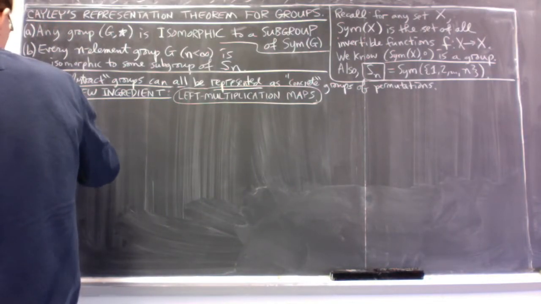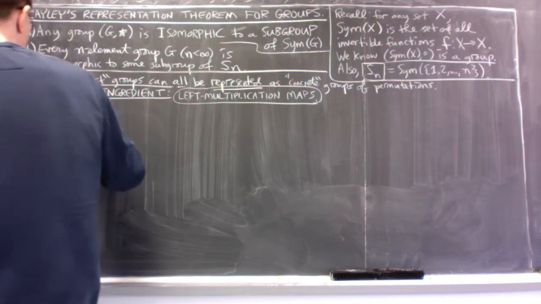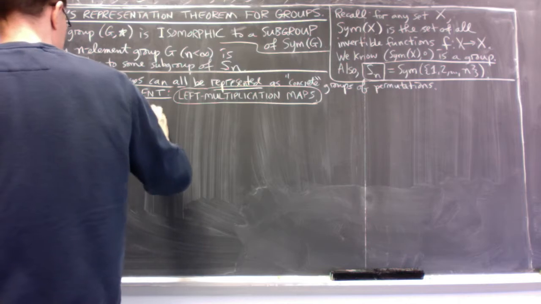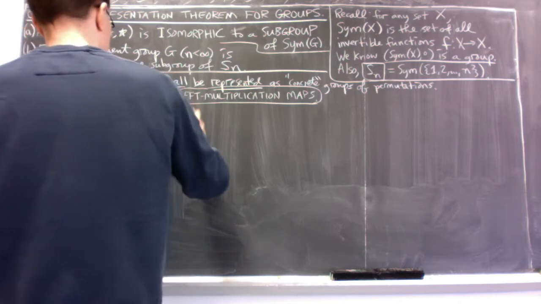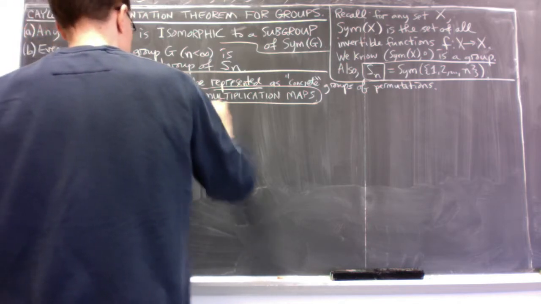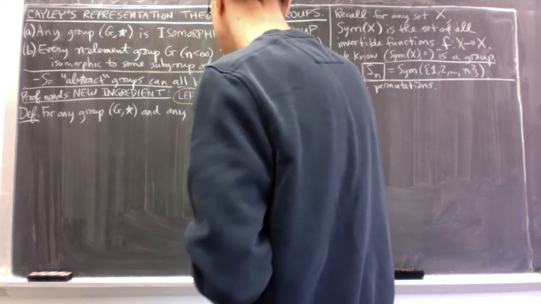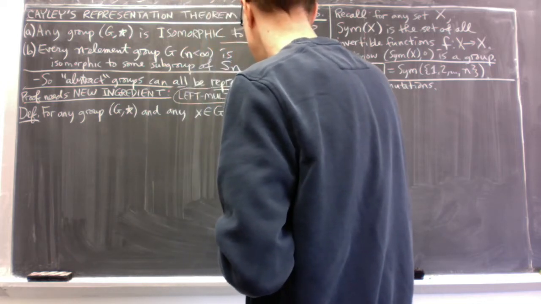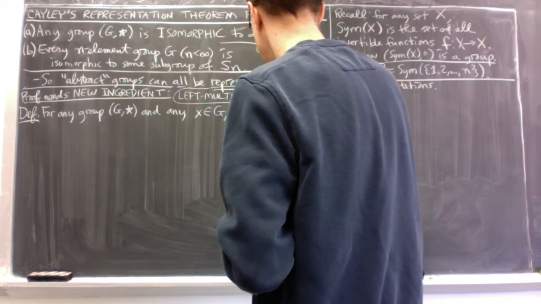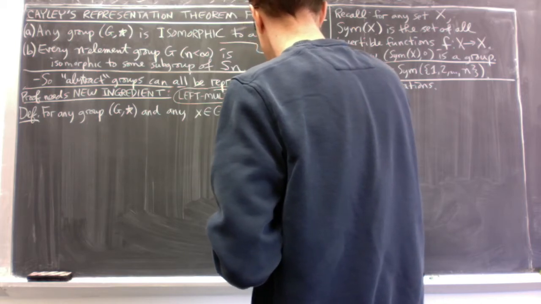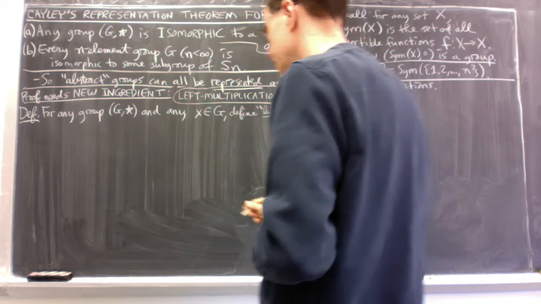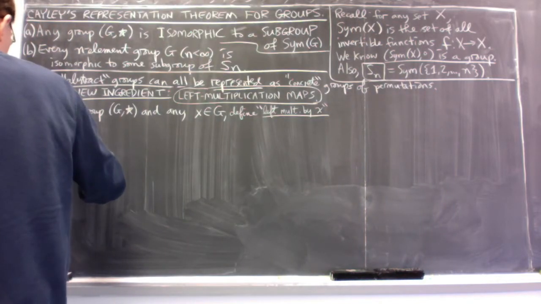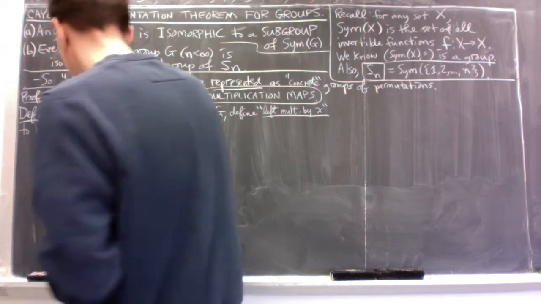So for any group G star in multiplicative notation, and any x, little x, in G, I will define left multiplication by x. That's going to be a function. I'll call it L sub x, L for left.